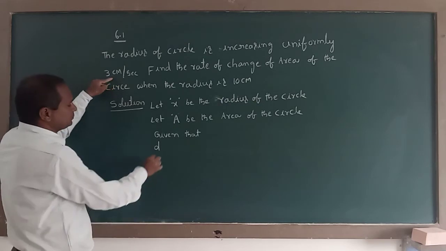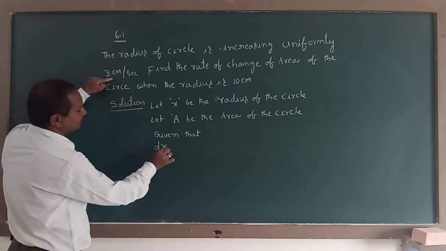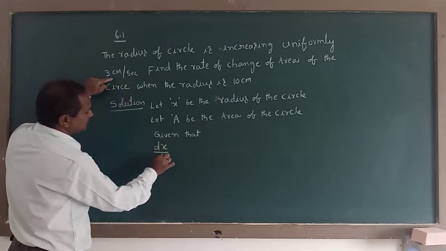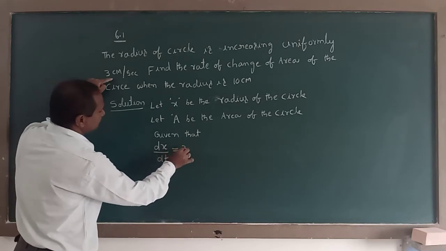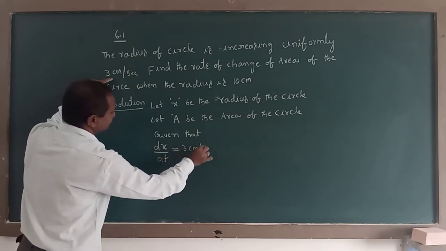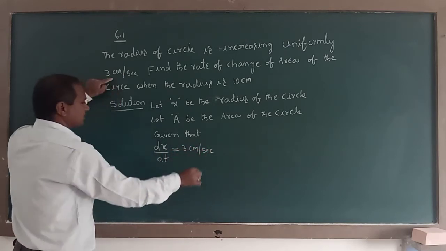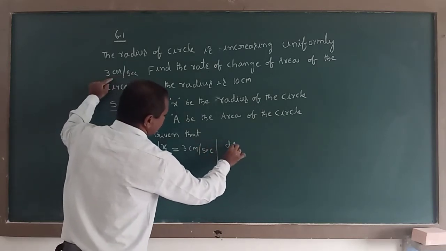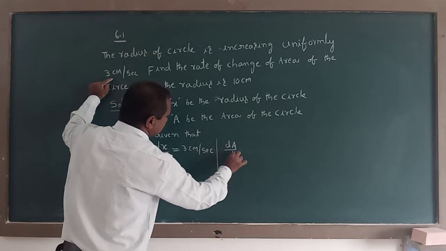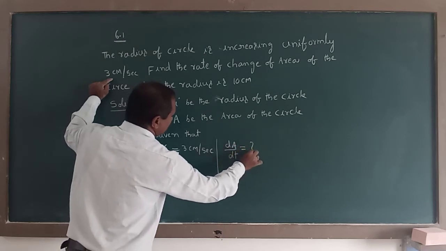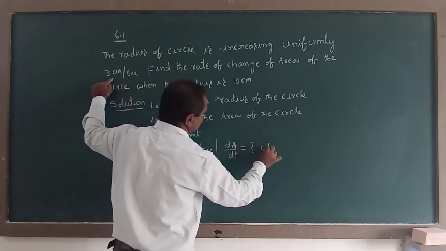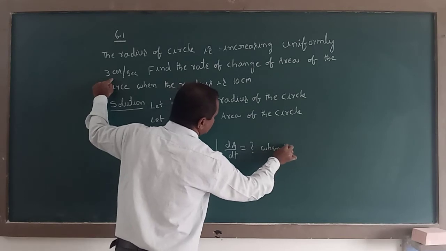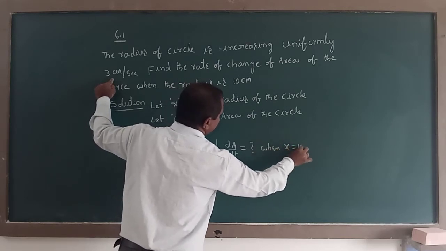So dx by dt is equal to 3 centimeter per second, and we need to find dA by dt when x is equal to 10 centimeters.